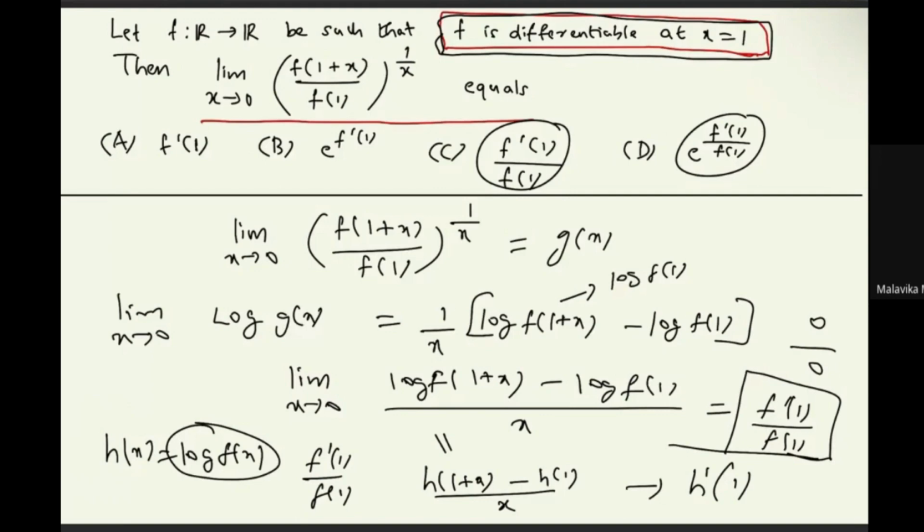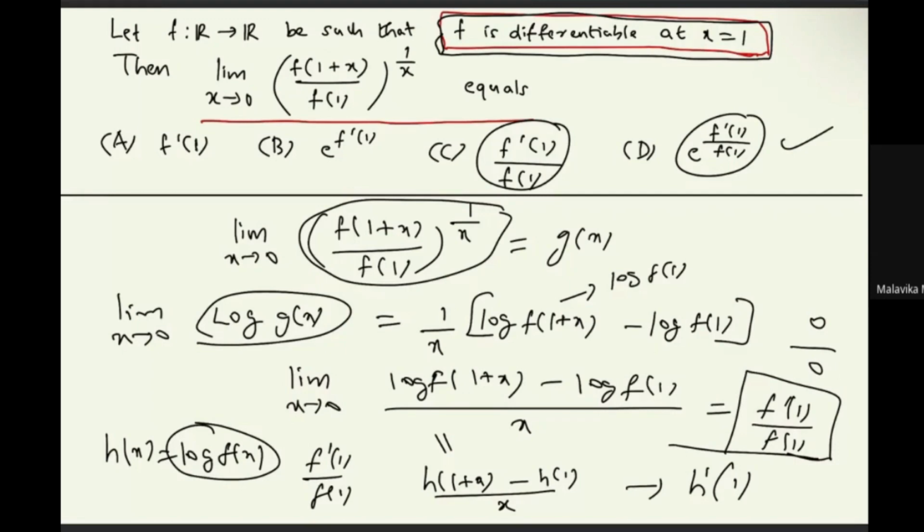It can happen, right? Because we may be doing lots of problems. So you should be very careful when you do these things. So don't forget to take e to the power, because we found the limit of log g of x. What we need is the limit of g of x. So it will be e to the power f dash 1 by f.